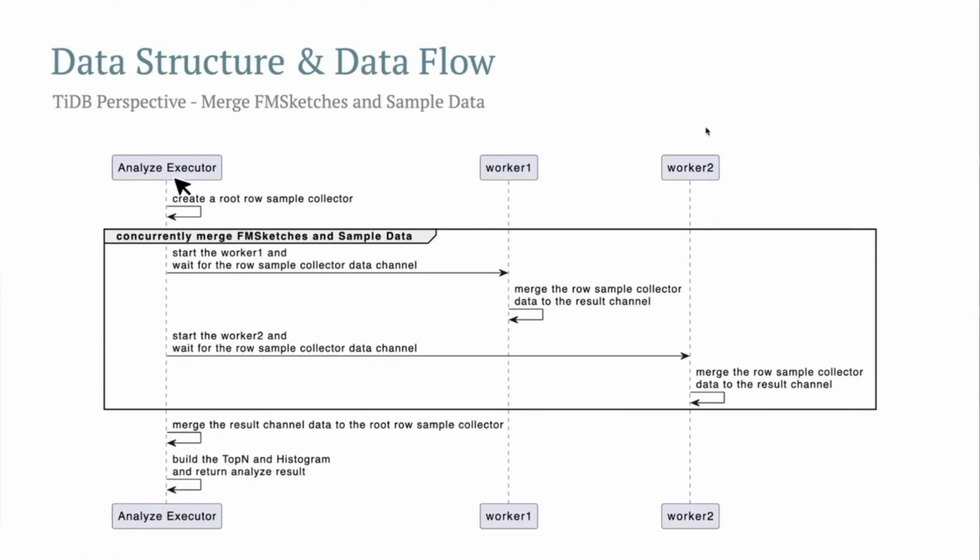After receiving all the FM sketch, the NDV number and the sample data from TiKV, we need to merge them in TiDB, right? Because we scan them on a region by region basis. To enhance the performance, we introduce another concurrent process. We merge the FM sketch and the sample data concurrently.